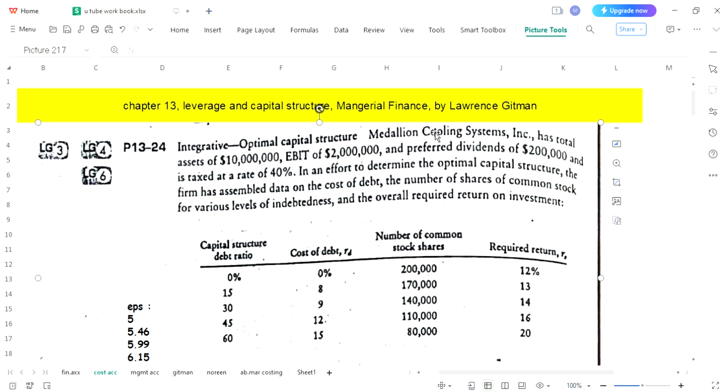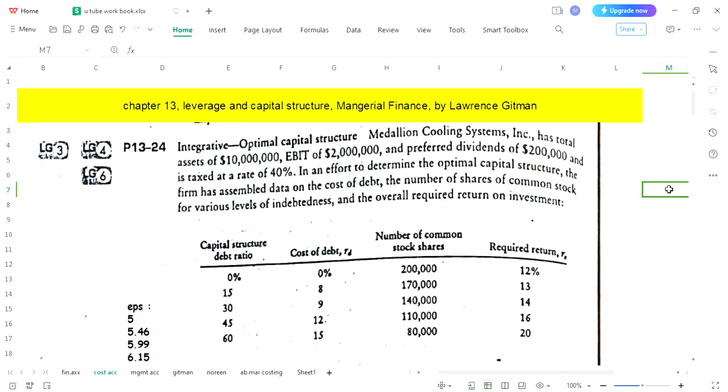Instead of that, total assets are given. And I think at this stage, there is no need to explain that your liability and capital side are equal. So if assets are 10 million, it is understood with common sense that your liability side or capital side would also be equal to 10 million.